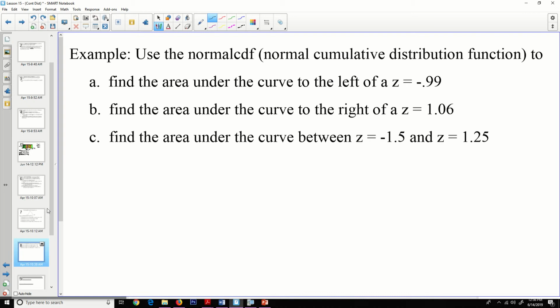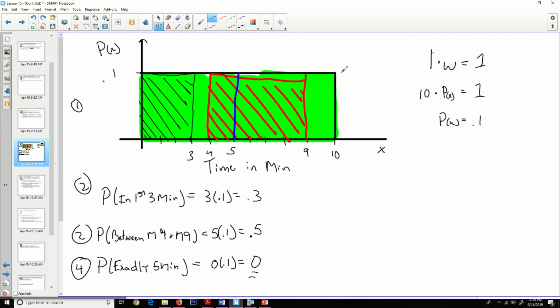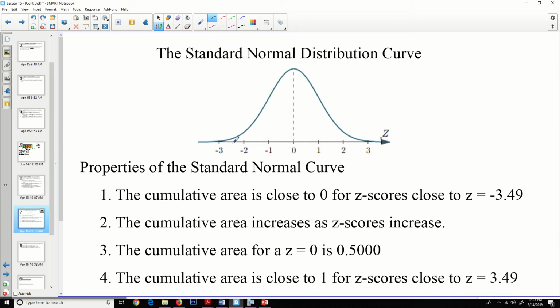All right, now we run into another issue. When we do a uniform probability, we have a simple equation for the area of a rectangle. It's just length times width. When we have this normal curve, finding the area under this curve becomes problematic because it is in fact curving. So the area under this from -3 to -2 is certainly going to be smaller than the area from -2 to -1 because of the curve.